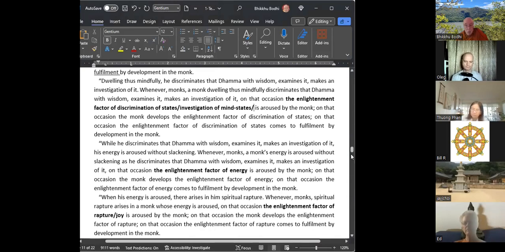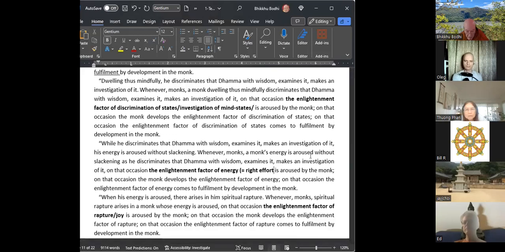Once you distinguish these states of mind as good and bad, helpful and harmful, then one arouses or applies the enlightenment factor of energy. What is called the enlightenment factor of energy is really the same as right effort in the Noble Eightfold Path.